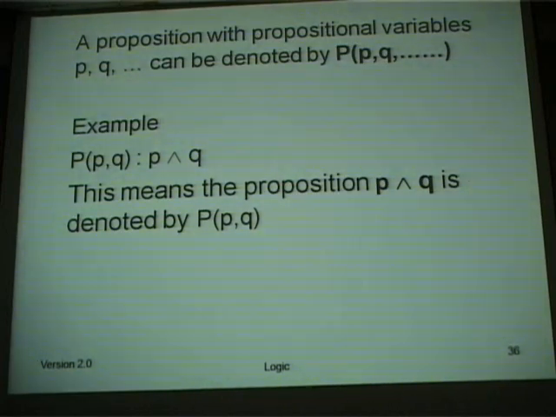This represents the set of propositions created using only p and q. This is the set, the group of propositions created using three variables. Now this is just the notation.